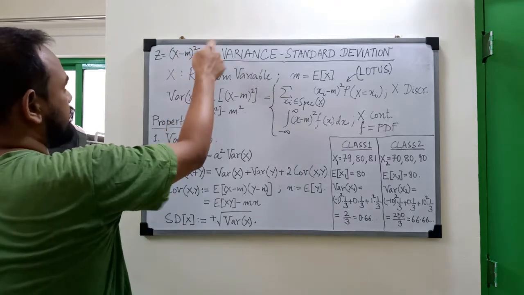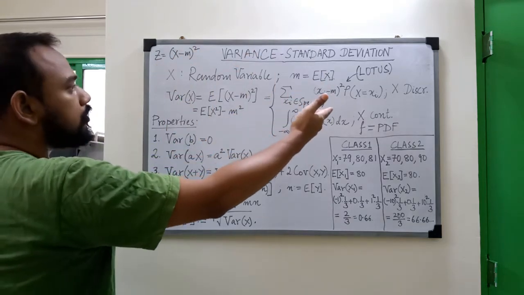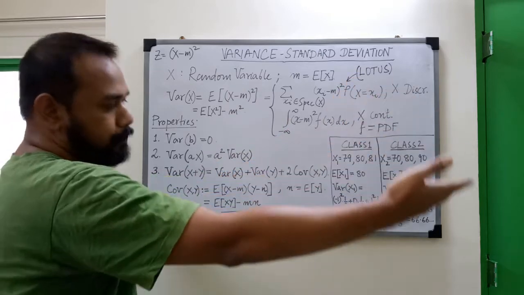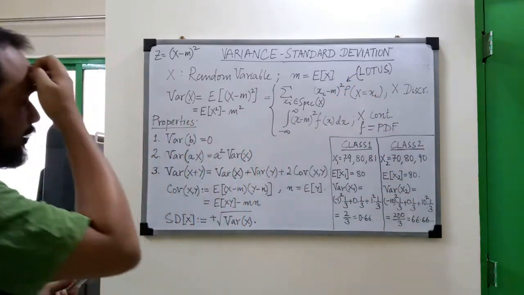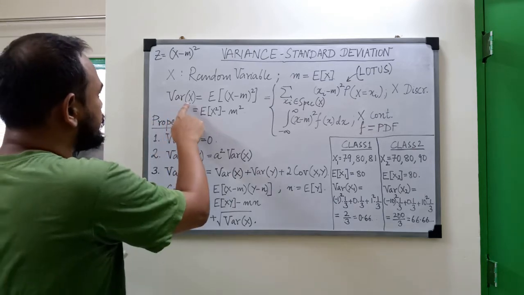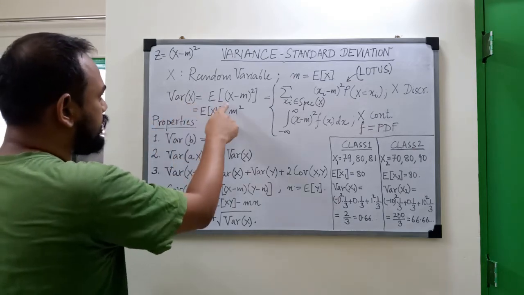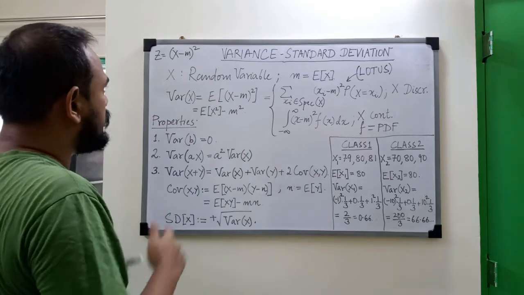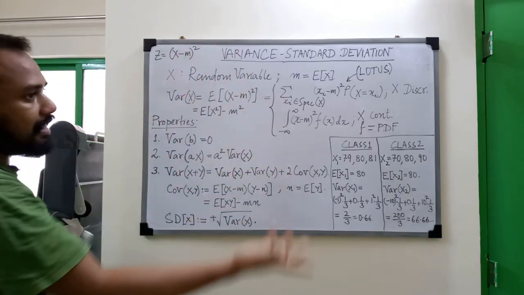As X takes different values, Z will take different values. So Z will have its own spectrum and it will be a random variable. Variance of X means we have to find the expectation of this new random variable, which is made out of the old random variable X.